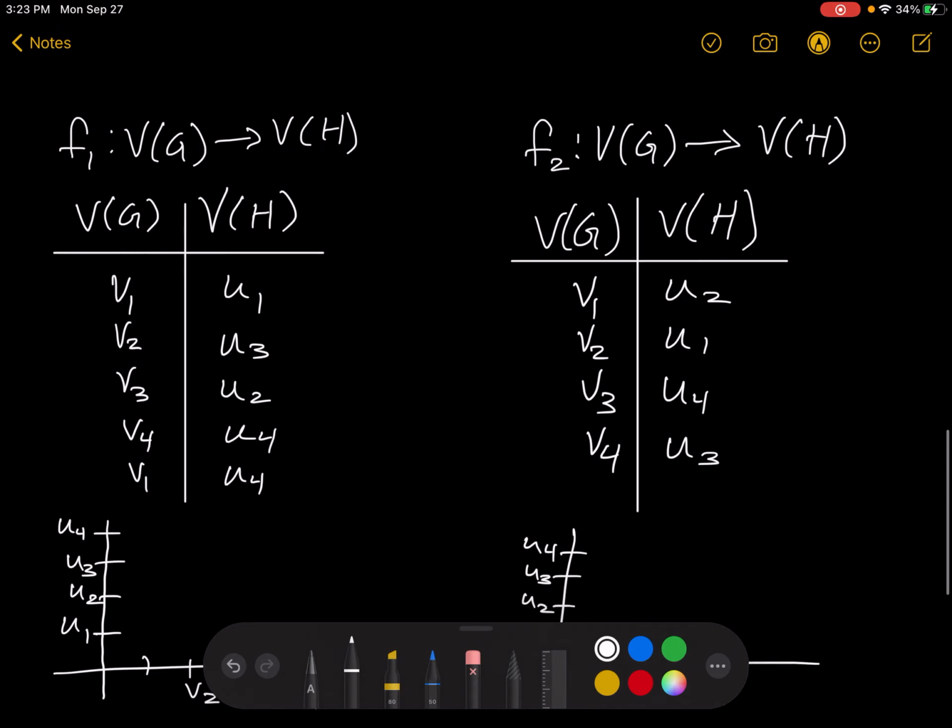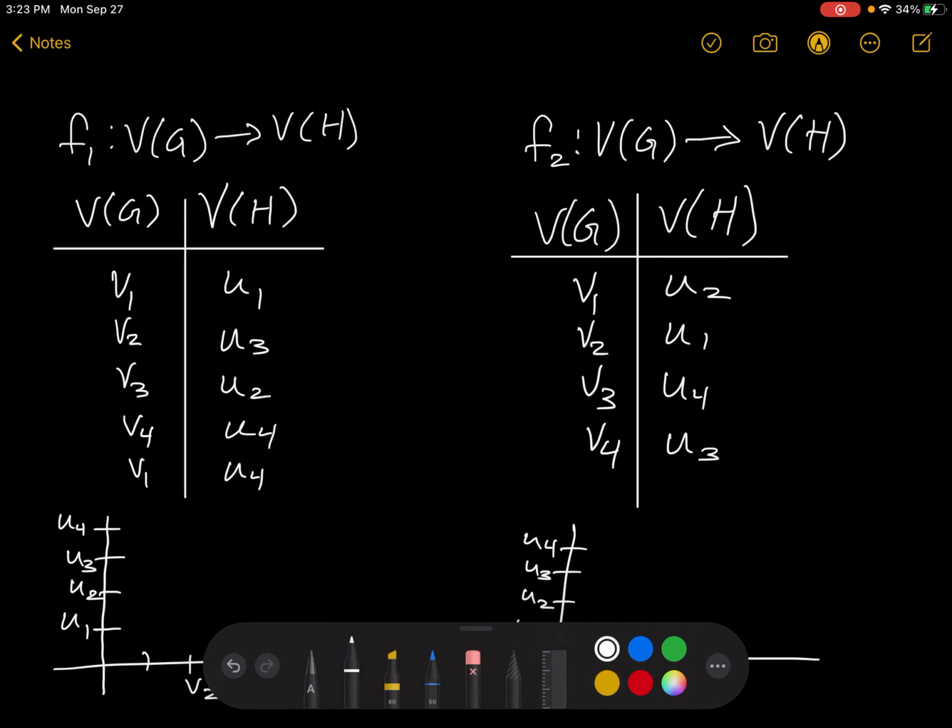Now here we have two relations that may or may not be functions. This one here is F1, a relation that may or may not be a function. And here we have F2, which is also a relation that may or may not be a function.